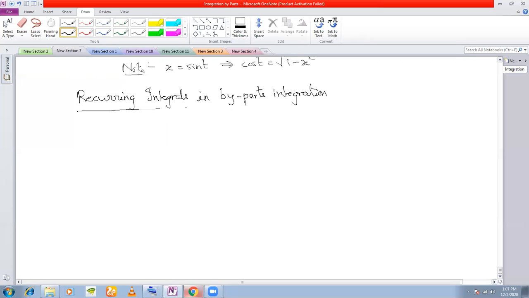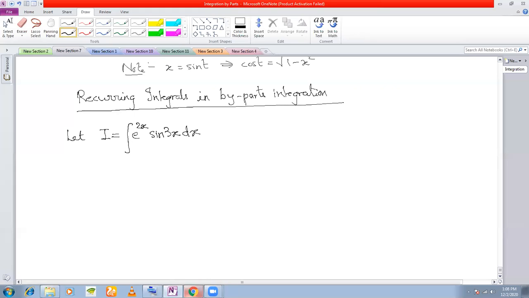Now what do you mean by these recurring integrals? Let us take a very simple example here. Suppose you have an integral of the form, let I is equal to integral e to the power of 2x sine 3x dx.